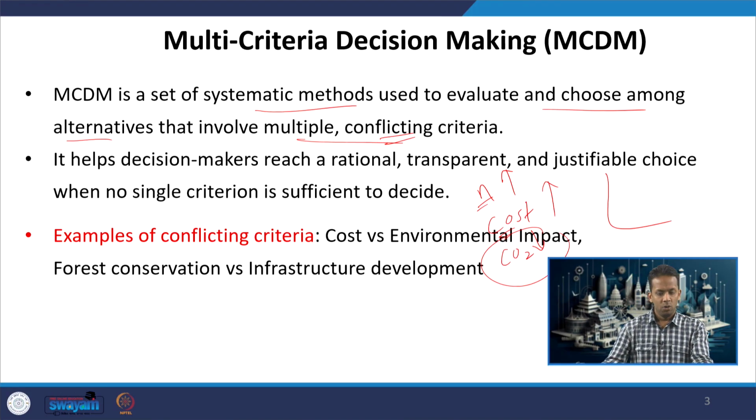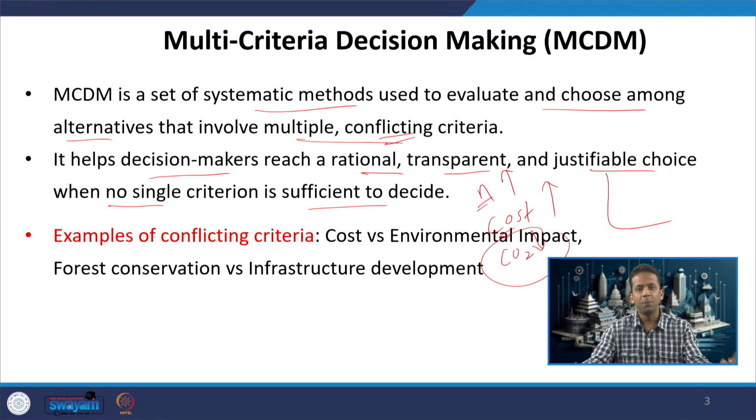Okay. So this set of MCDM or multi-criteria decision making methods, it helps decision makers to make a rational, transparent and justifiable choice when no single criteria is sufficient to decide. Let's take one hypothetical scenario, like when you take a kid to an ice cream parlor, there are say 7, 8 flavors, and the kid decides which flavor to choose.